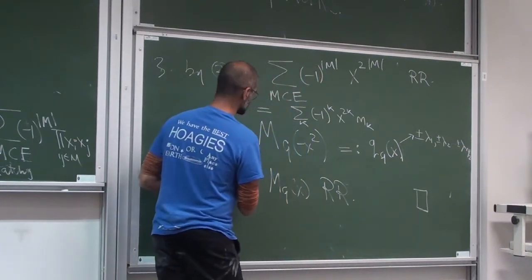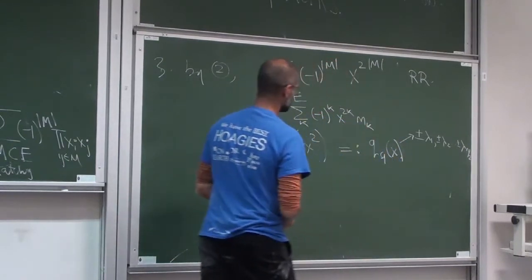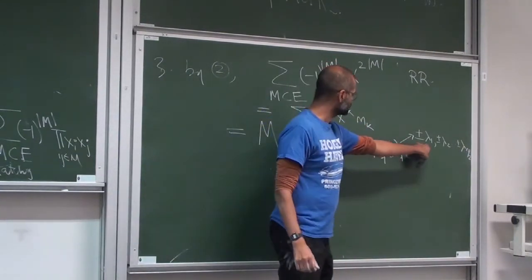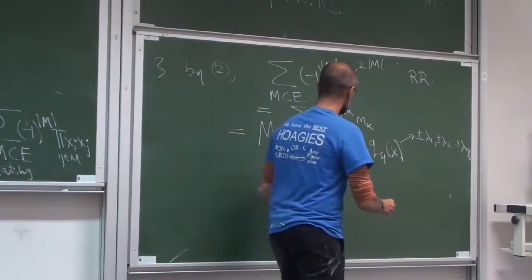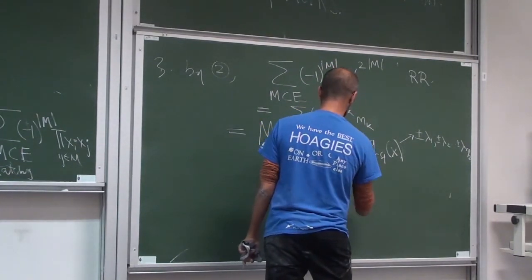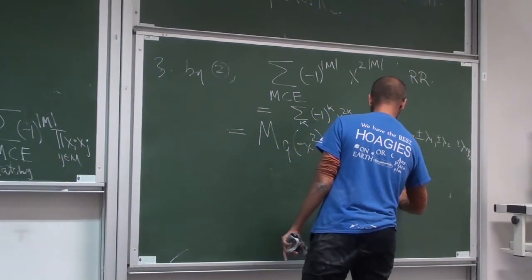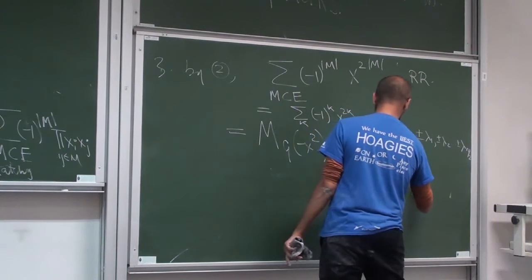Maybe let me do it in steps. So this is real rooted, right? But now because the roots occur in conjugate pairs, this implies that QG of x equals some polynomial.